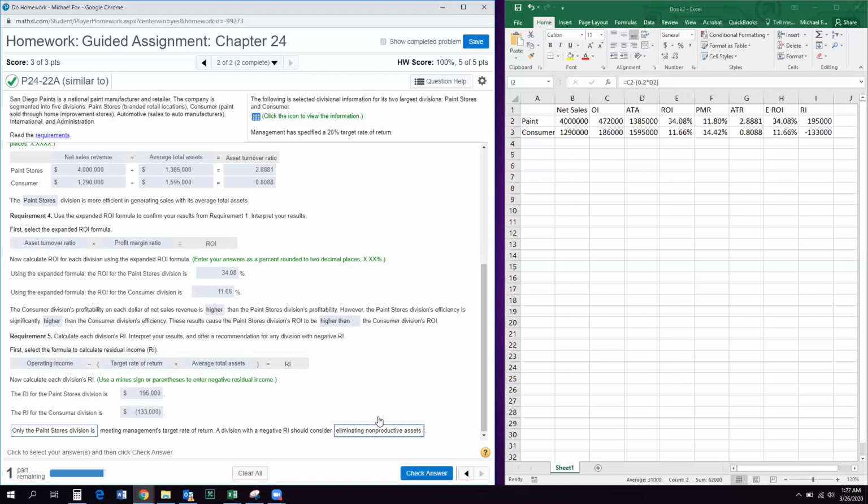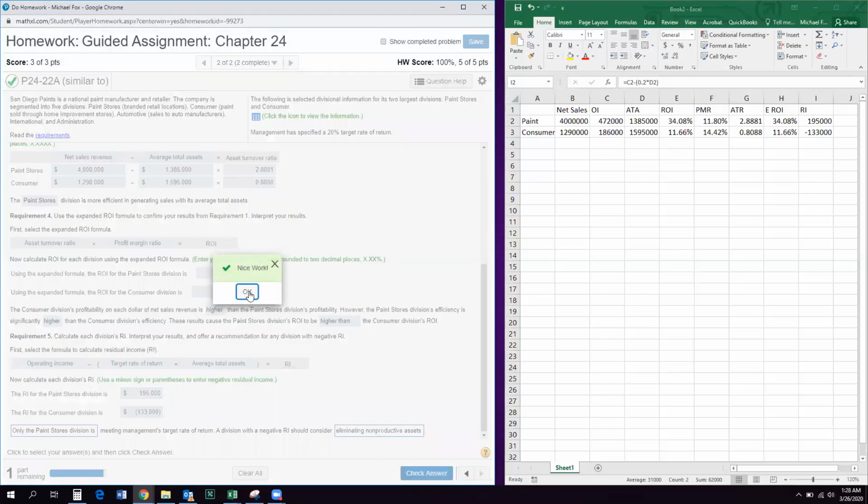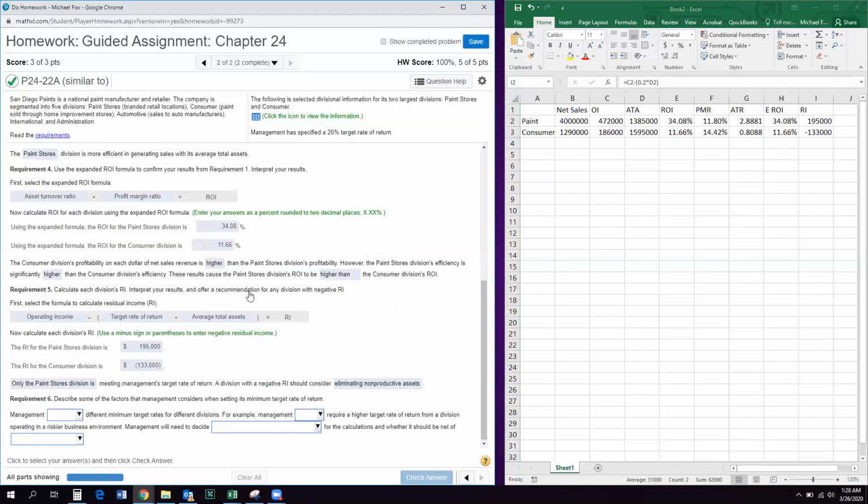Because what it means is that you have assets sitting there that aren't making you any money or aren't making you enough money. And so one way to improve your residual income is to get rid of assets that are just sitting there.